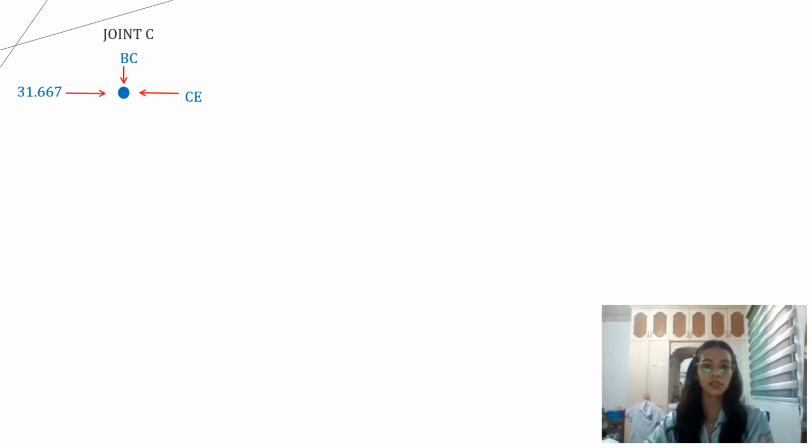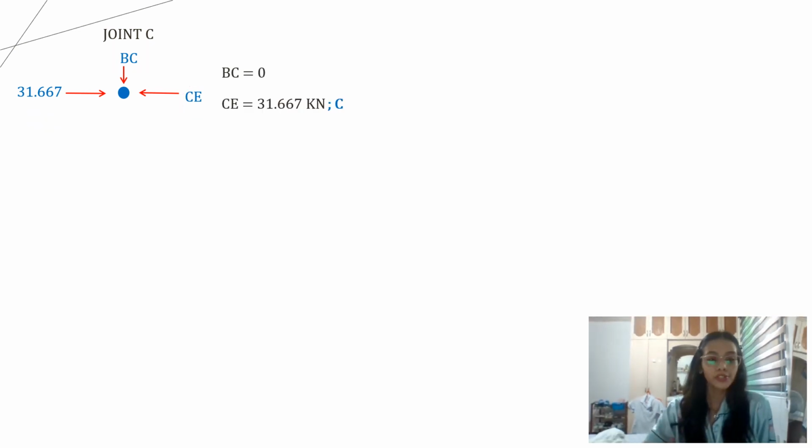So at joint C, we have 31.667 which is our AC and it is pointing to the right, and our BC which is the missing one pointing downwards, and another missing one is CE pointing to the left.